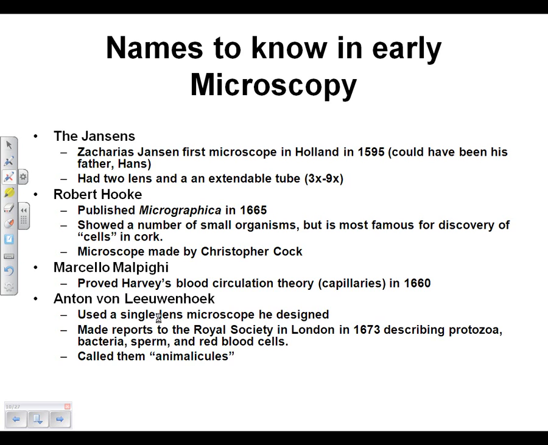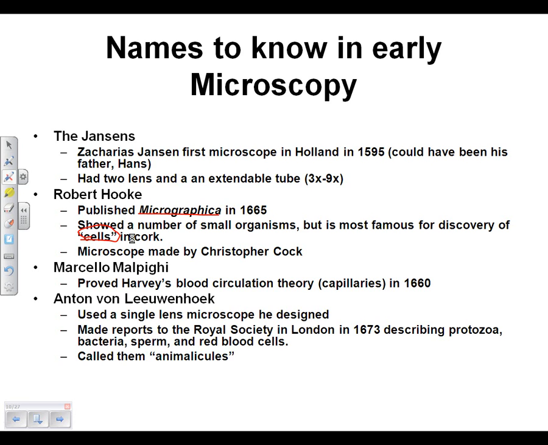All right. The Robert Hooke microscope, the first one that started to sort of look like the microscopes you saw at the bottom, is important because Hooke published this thing called Micrographia, and if your Latin's any good, it is what it sounds like, essentially small graphic. And the thing that he's really famous for and has come down through history to us is he showed a number of small organisms, but he's most famous for discovery of cells in cork.